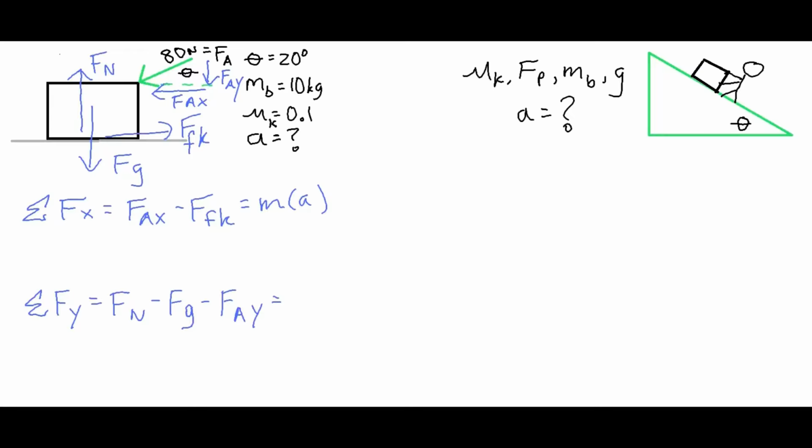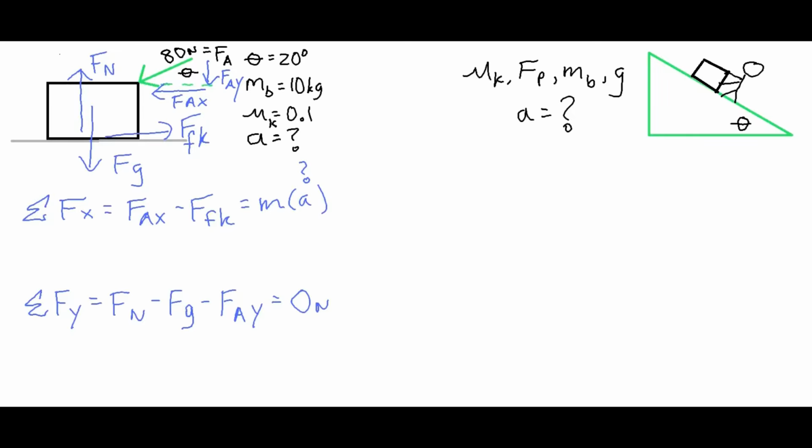And that one is going to equal m times a_y, but I know that's going to be equal to 0 newtons because in this particular scenario, there is no movement or acceleration in the vertical direction, so I'll just call that 0. All right, now my ultimate goal is to find this acceleration right over here.